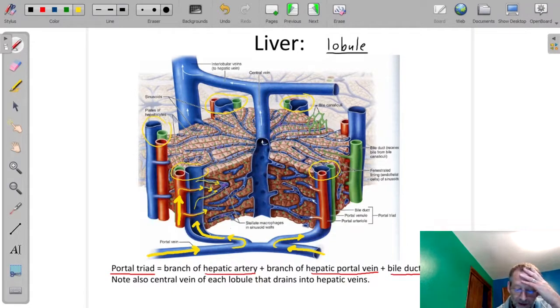They require a lot of oxygen to do the metabolism, all of which requires lots of energy. So the blood then processes through and eventually works its way out of these capillaries, these sinusoid capillaries, into the central vein.